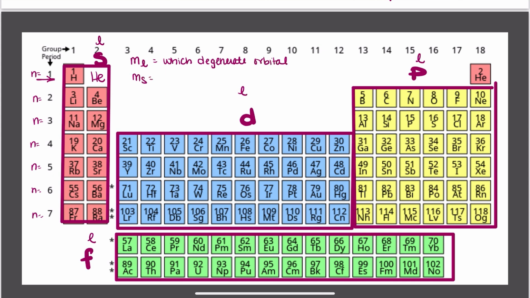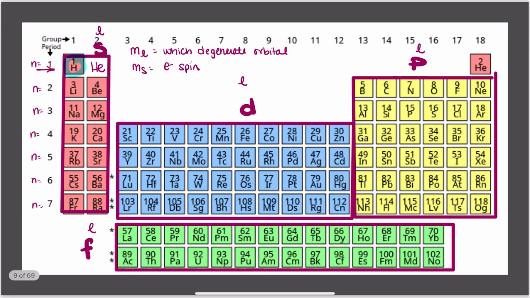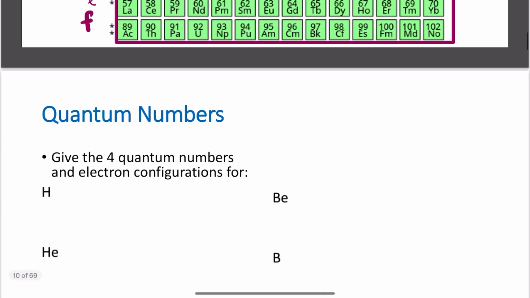And M sub S is electron spin. So I'm looking at hydrogen first. I see hydrogen hanging out right here. So I've counted 1 electron over. I'm in the S block, and I'm in the first energy shell. So I've got 1 electron in the S block, and it's the first shell.